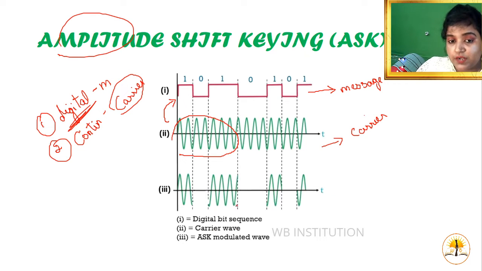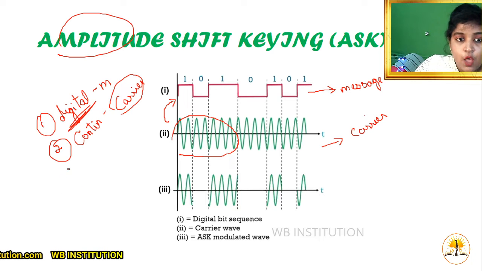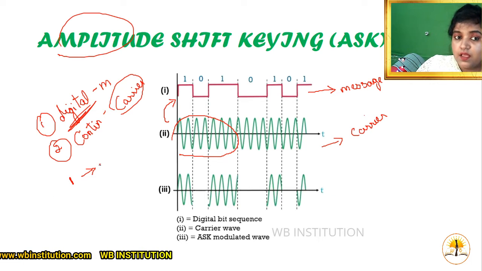So the final, third one is going to be your output waveform. Let me make it clear. If we compare the first two signals, in the first signal you can find zeros and ones. The next major concept to understand in amplitude shift keying is that when the digital signal is 1, the output signal is transmitted.